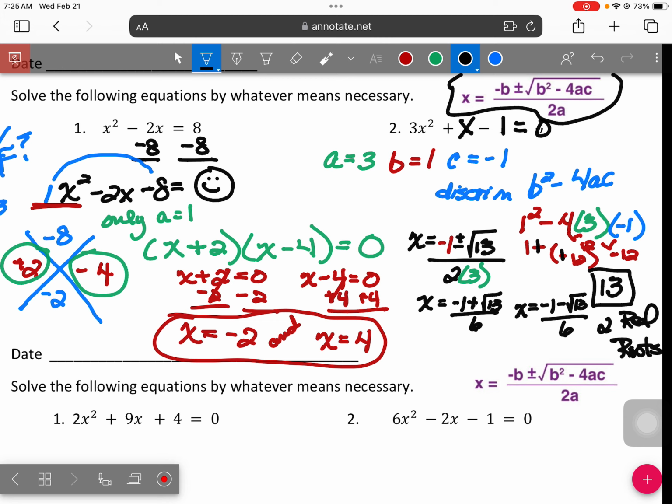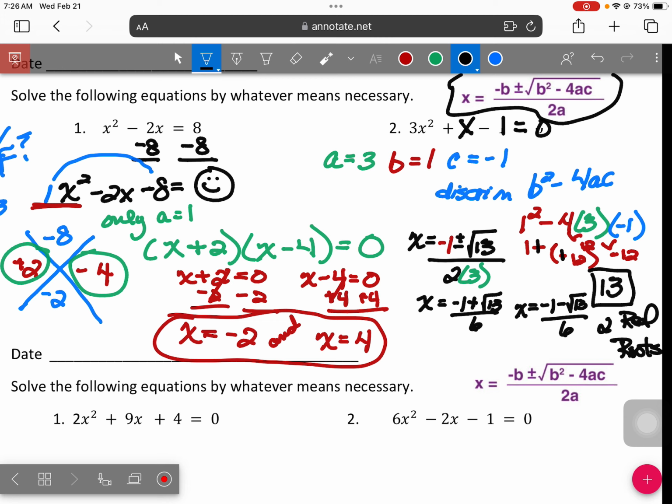Okay? Hopefully there's a calculator near you. Again, this is really important to make sure you know how to do this. So I'm going to take the opposite of 1 plus second x squared gives me the square root, 13, and then you need to hit enter.